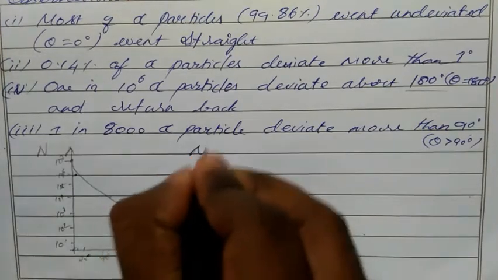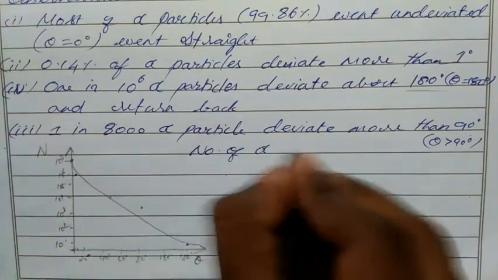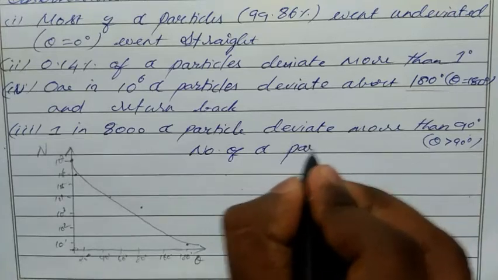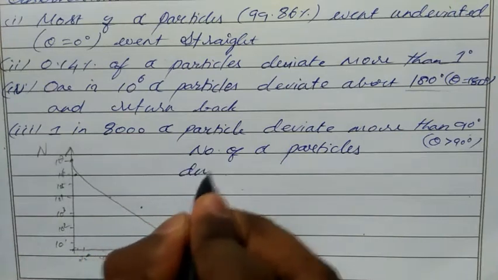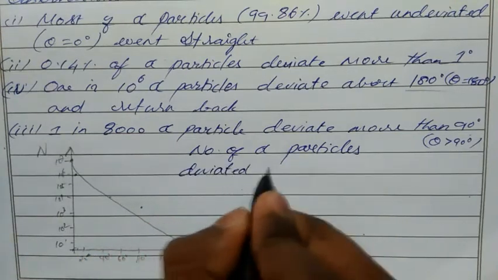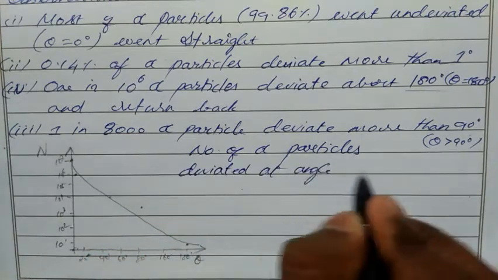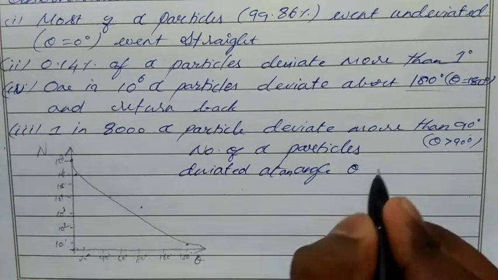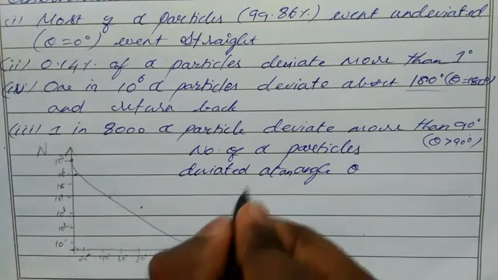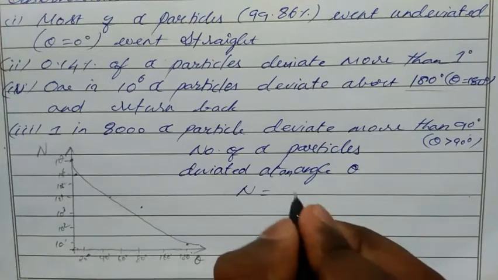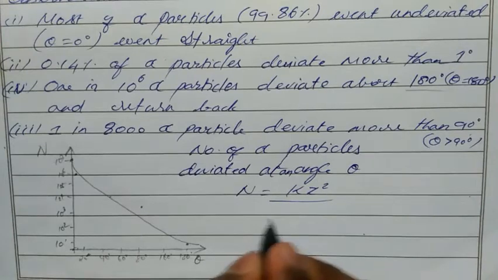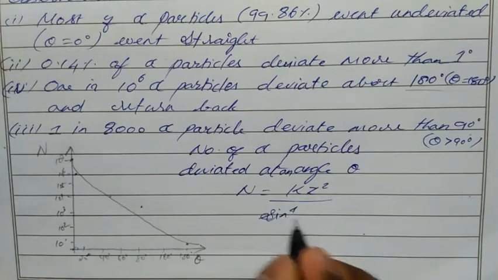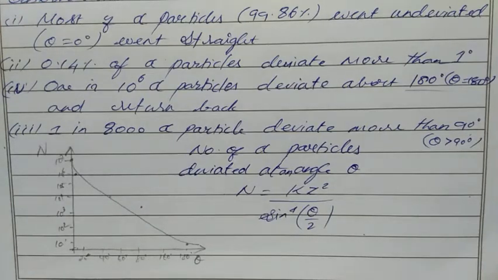From this we can say the number of alpha particles deviated at an angle theta is given as N equal to k Z square divided by sine power 4 theta by 2.